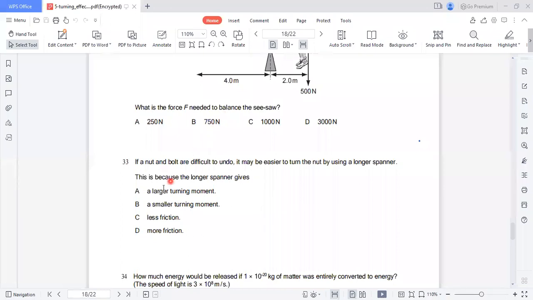Number 33. If a nut and bolt are difficult to undo, it may be easier to turn the nut by using a longer spanner.